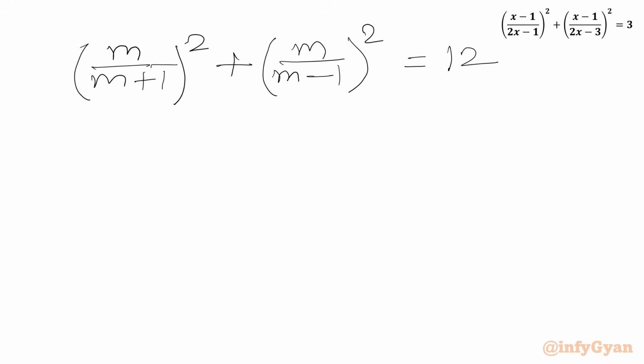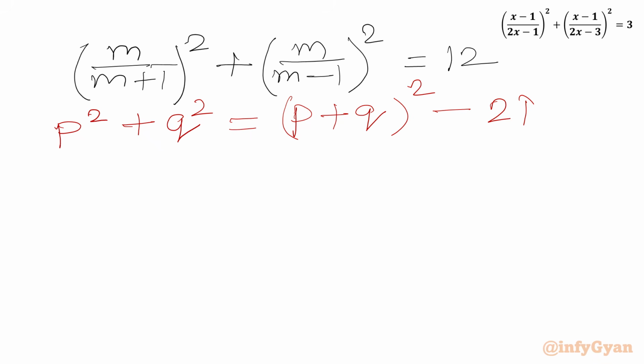Now we will use one algebraic identity. Let me write here p square plus q square will be equal to p plus q whole square minus 2 times pq. Now we will consider this bracket m over m plus 1 equal to p and m over m minus 1, suppose this is q. So in LHS we will consider p plus q whole square.